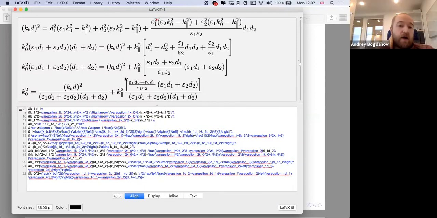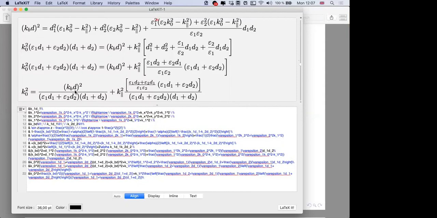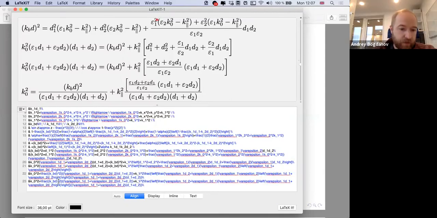And now in the first bracket, guys, I will divide numerator and denominator by d square. Okay? So again, I will have here just k_b square.